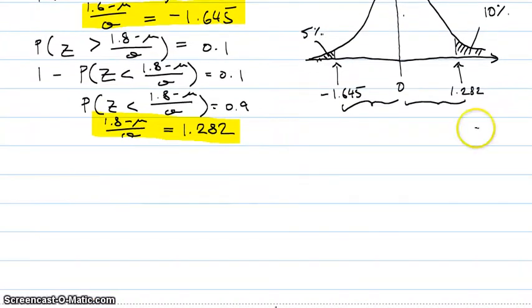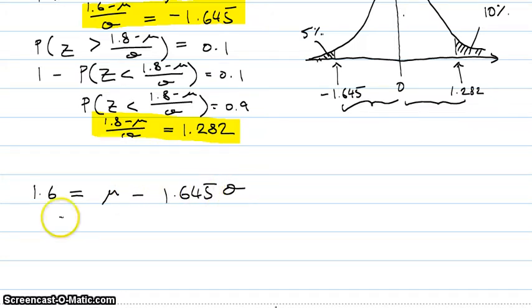Well, just rearranging, 1.6 is equal to mu minus 1.645 sigma, and 1.8 is equal to mu plus 1.282 sigma. So this is now just a simultaneous equation with two unknowns. In fact, I could make them equal to 0.